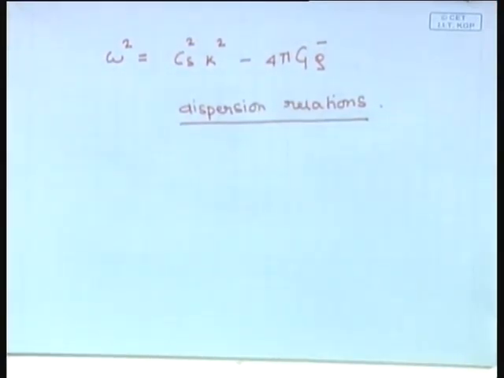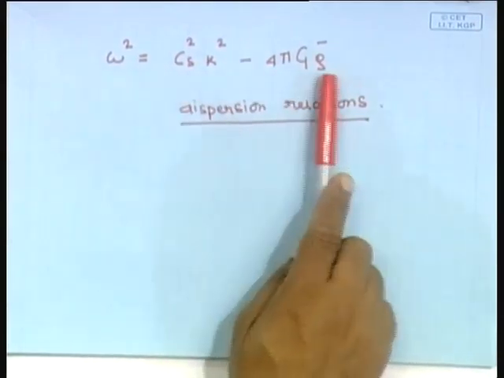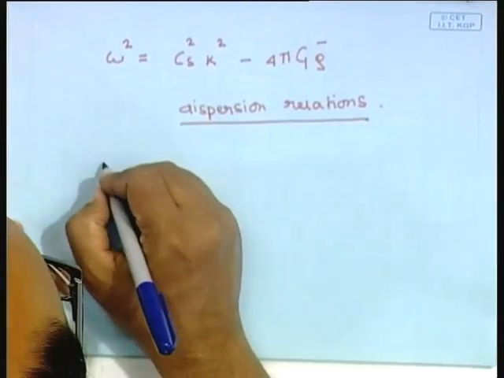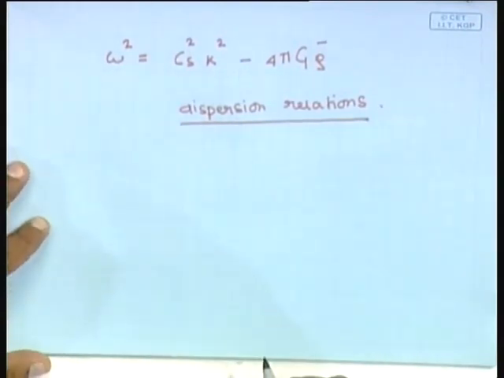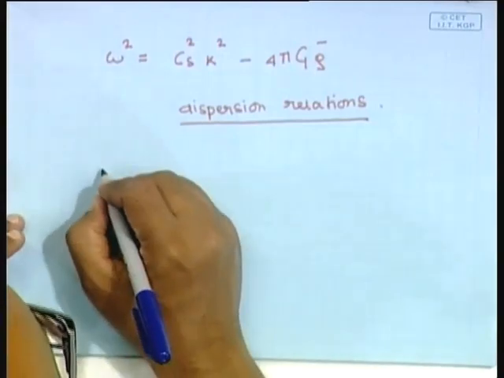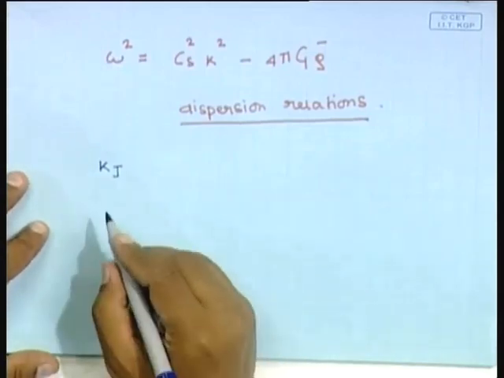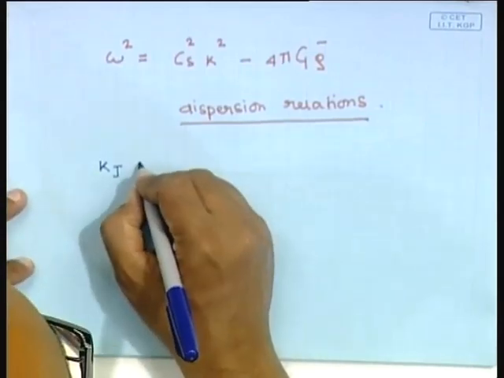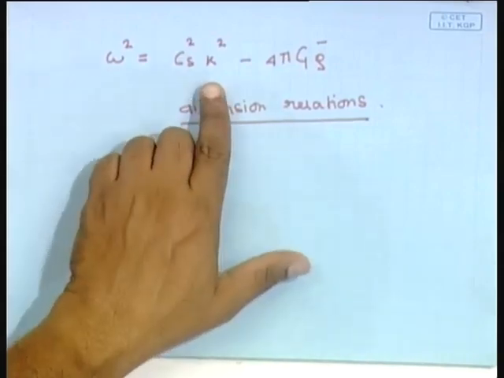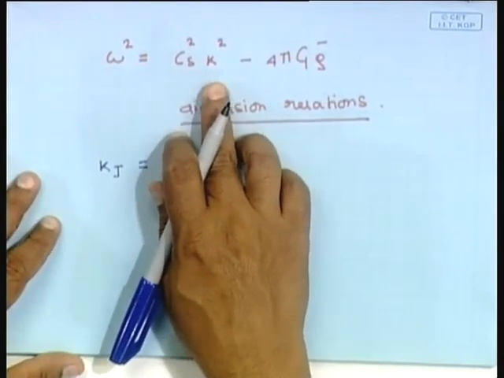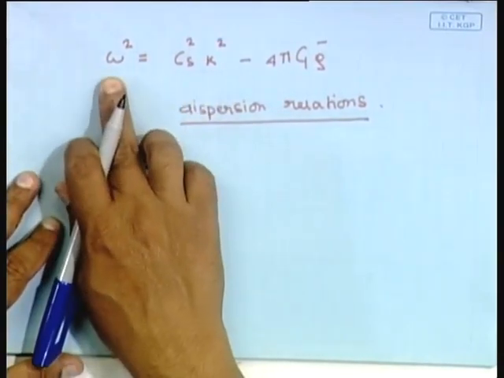Now let us spend a little while understanding what this dispersion relation tells us. The first point to note here is that there is a particular wave number called the Jeans wave number. This analysis was first done by Sir James Jeans. This is called Kj, denoted by J, which has the property that for this value of the wave number K, the angular frequency is 0.